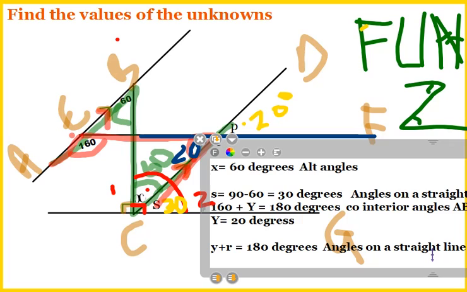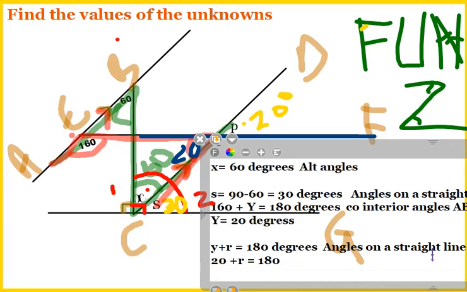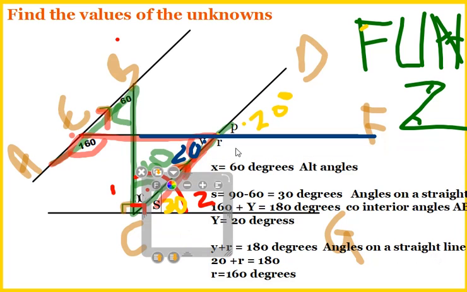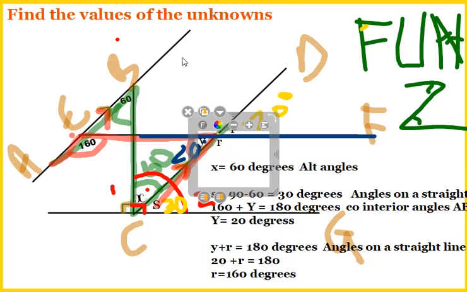And if we fill in our values, we already have Y. So that's 20 plus R is equal to 180 degrees. And if we take R as the subject of the formula, we say 180 minus 20, which is 160 degrees. So yes, our R is 160 degrees.